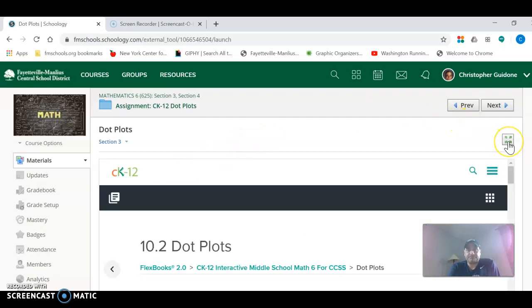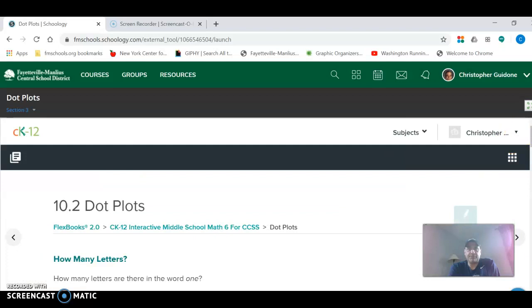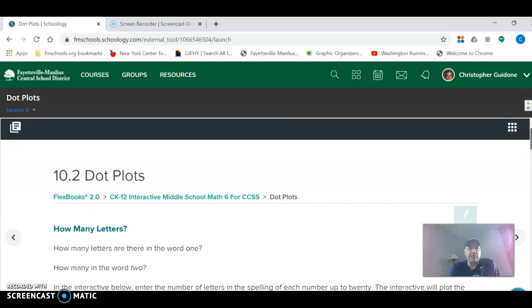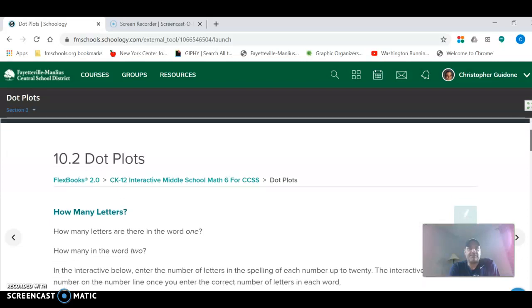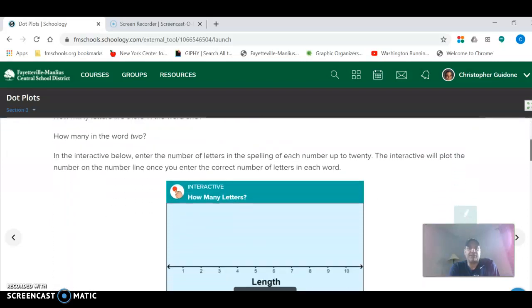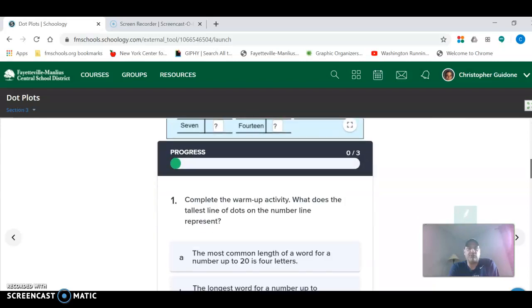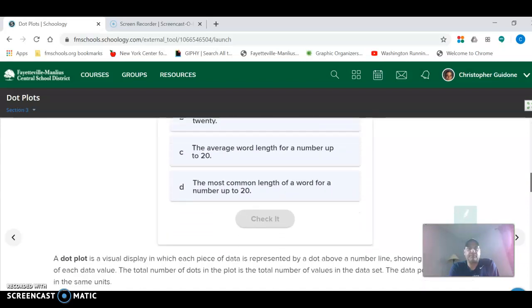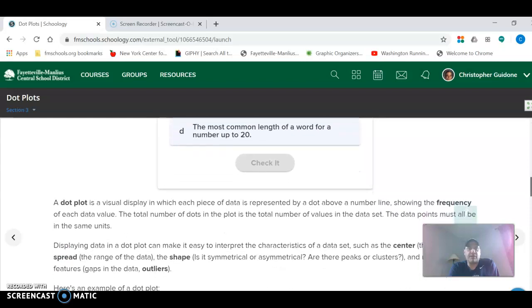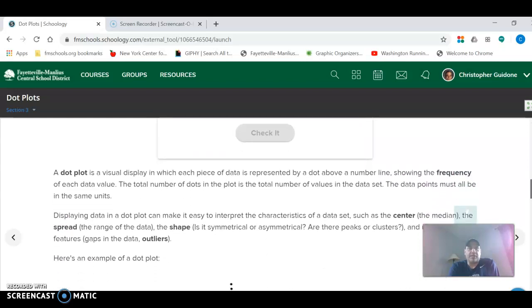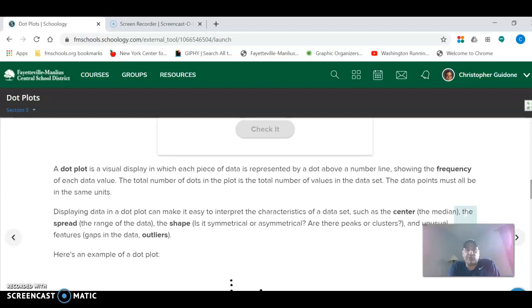Boys and girls, I'm going to make this larger. Again, yours will look a little bit different in your account. So 10.2 is on dot plots. You're going to start off with an interactive activity. Give it a try. There's going to be a few questions. And then it's going to talk to you about what a dot plot is, and give you some vocabulary that's really important.